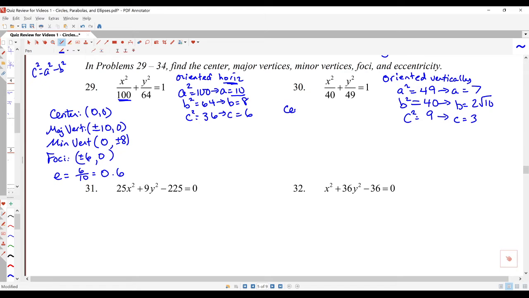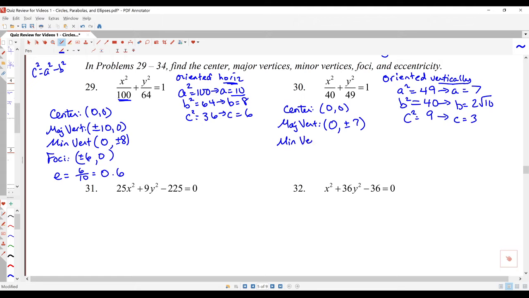So now that we have all that, we can calculate our center, and that's going to again be 0, 0. Our major vertices are therefore going to be up and down 7, so 0 plus or minus 7, again because it's oriented vertically. Then our major axis is vertical on the y-axis here.